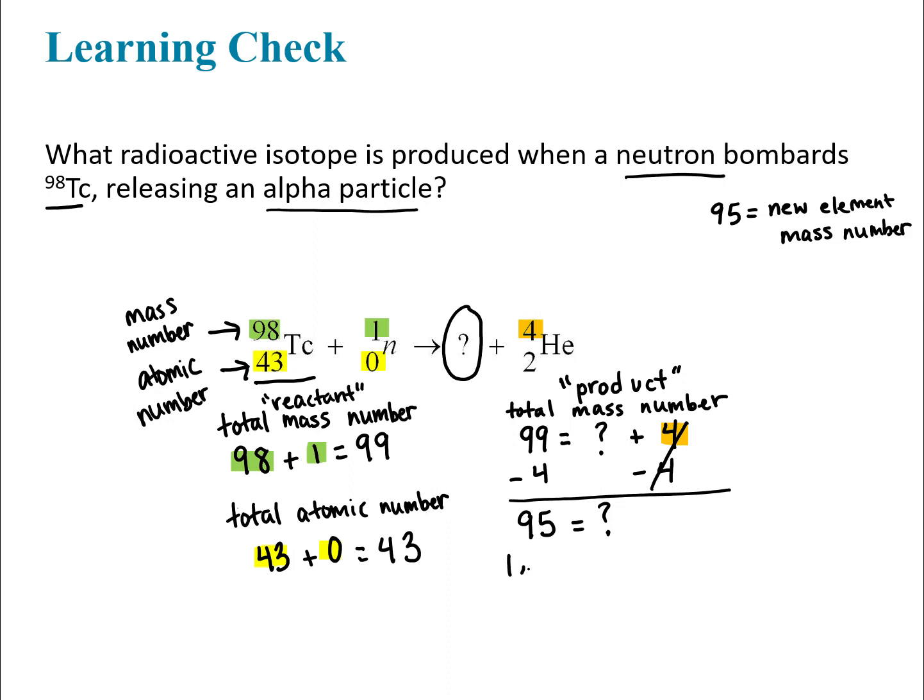Now we've got to do the same thing for the atomic number. And feel free to work ahead of me. You can put in the chat what you think the atomic number is going to be for the new element. We know the total atomic number has to be 43. We're not just pulling stuff out of thin air. The atomic number for helium is 2.